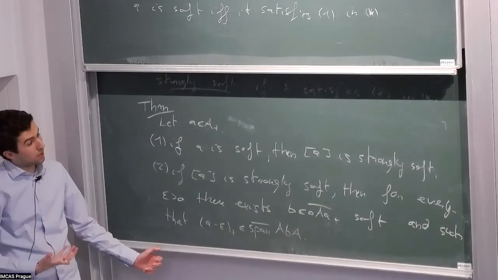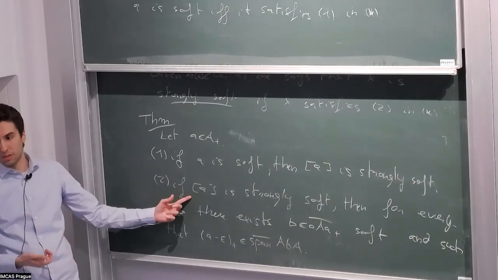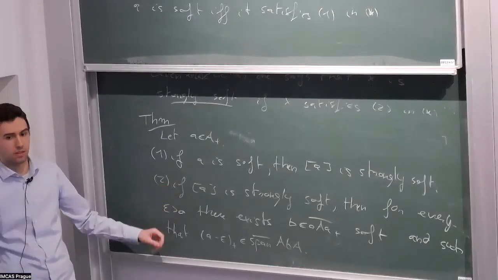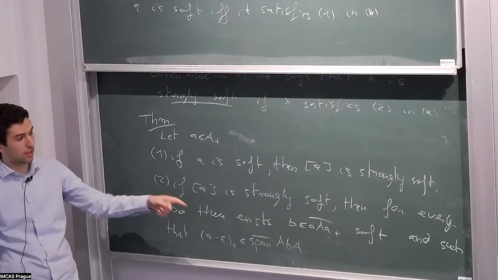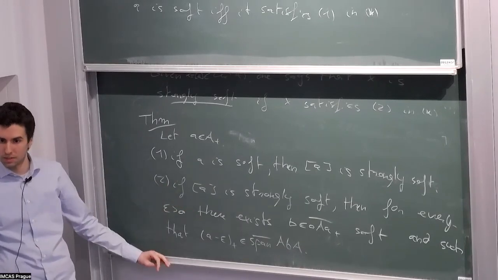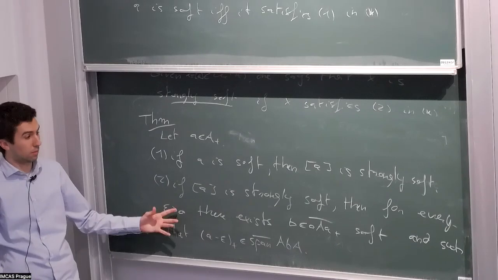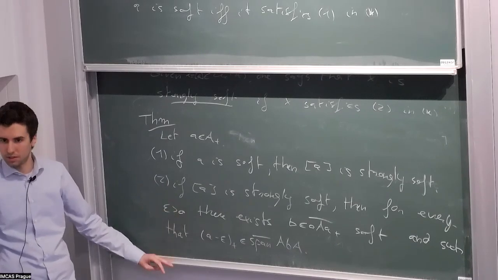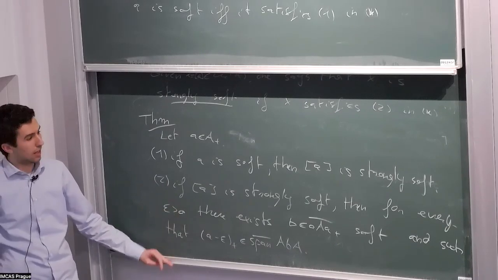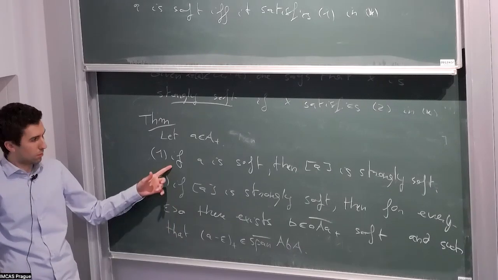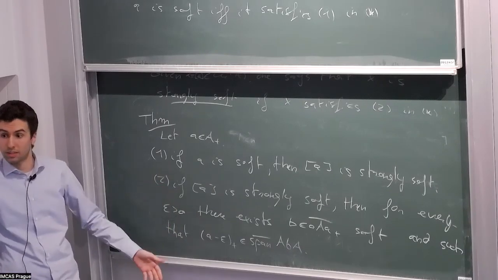So if you have an element whose Cuntz class is strongly soft, then informally there is a full soft element in its hereditary subalgebra. In fact, it's only an approximately full element, but you still get this. This is not a converse, but it's still enough for the things that we want to do.